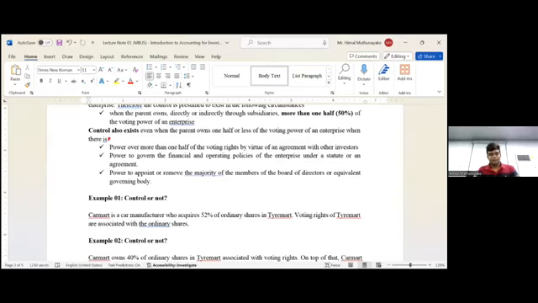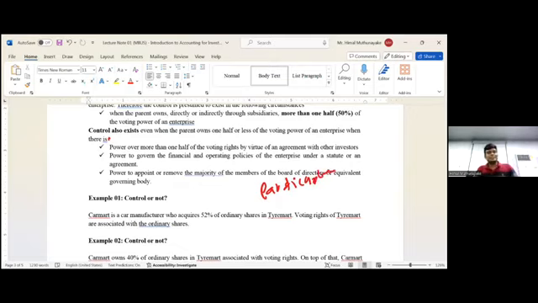So remember how we can decide whether it is an associate or a subsidiary, not looking only at the voting shares. Voting shares are one thing, but you have to look at other aspects as well. When it is an associate, you only have significant influence. That means you can only participate.